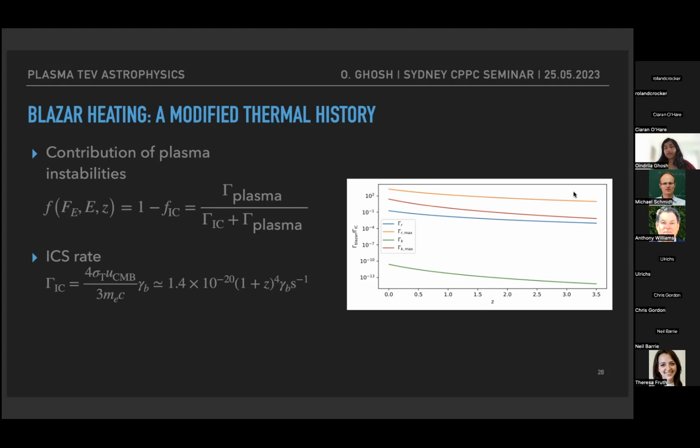So if we set, for example, z equals 3.5 as the end of reionization, we could try to model what would be the impact on the intergalactic medium through these instability-assisted heating.